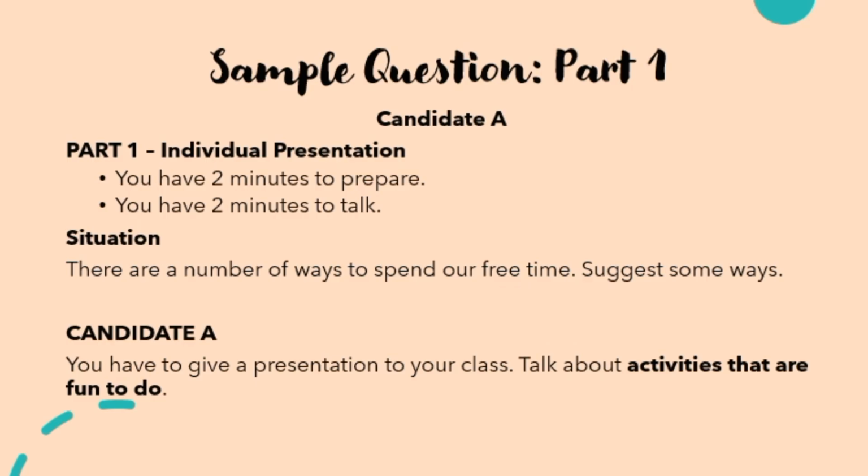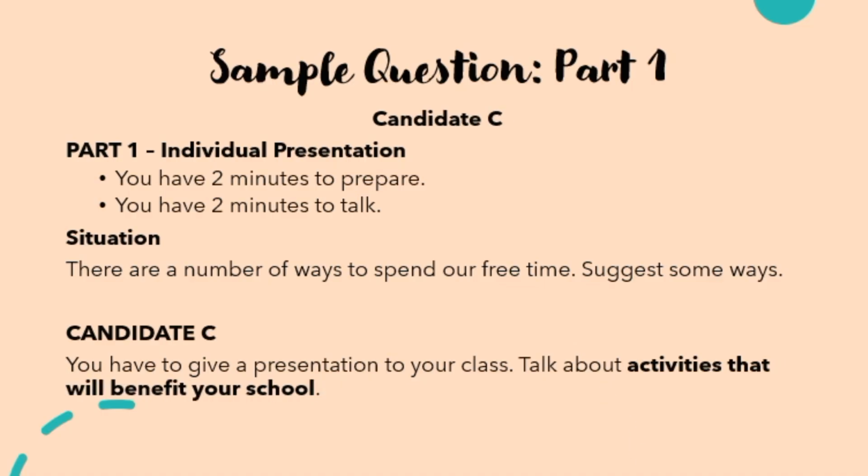Let's now look at the task given to the other candidates. So this is the question given to candidate B. So if you are candidate B, your task is for you to talk about activities that will bring you closer to your family.